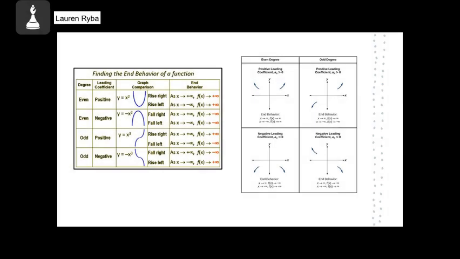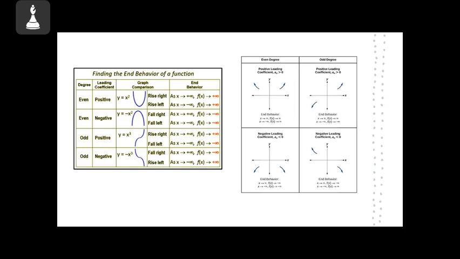Now, given the power and whether we have a positive or negative leading term is going to determine what we call the end behavior of our functions. And both of these images show the same thing. So for an even degree polynomial, so the highest power is 2, 4, 6, what's going to happen if your leading term is positive?